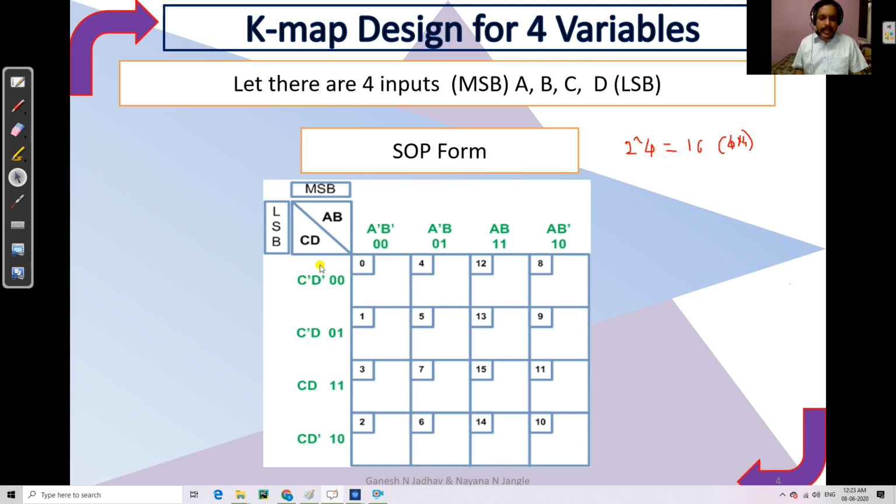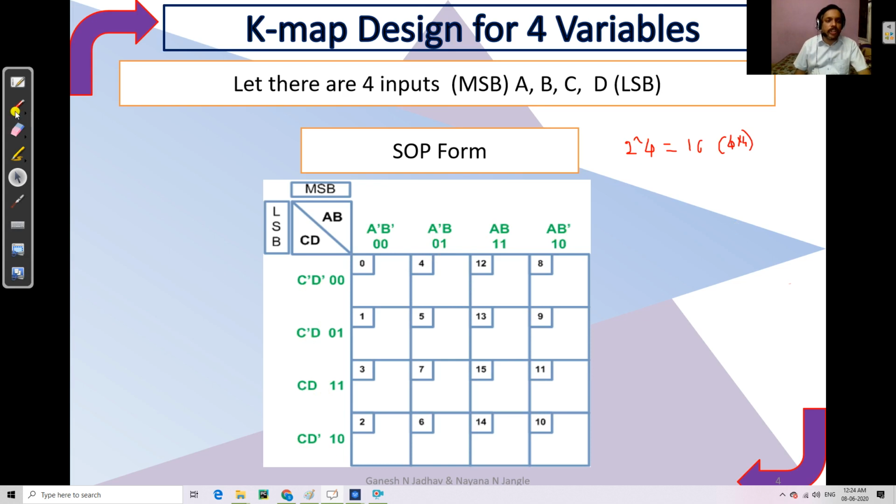On this side, the LSBs, CD can be 00, 01, 11, 10. So 00 means, in SOP form, A dash B dash, because both must be 1. So 11 is possible with A dash B dash only. For 01, it is A dash B, because input A is 0 but we have to make it 1. Then AB, and AB dash. Similarly on this side, C dash D dash, C dash D, CD, and CD dash.